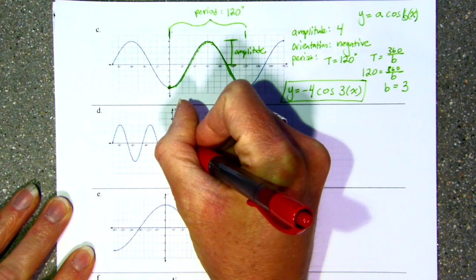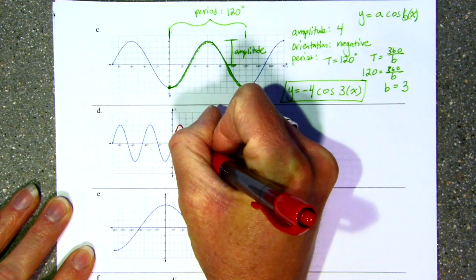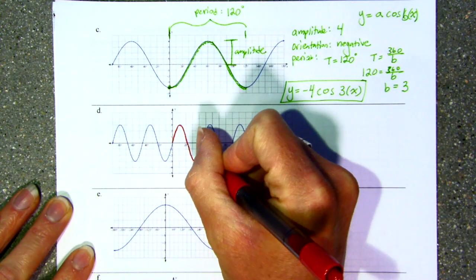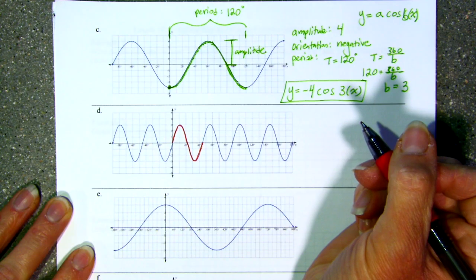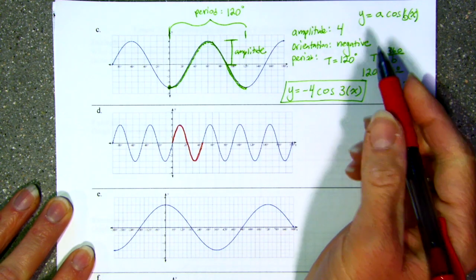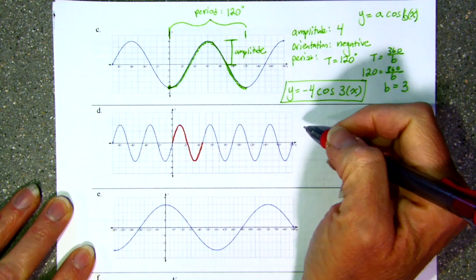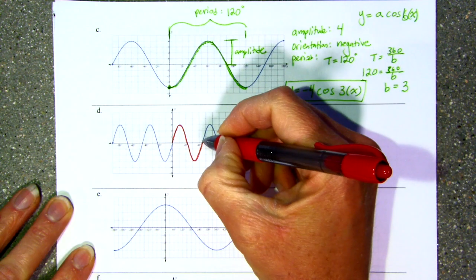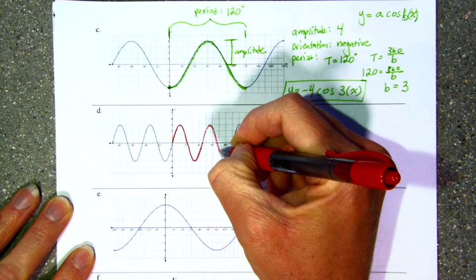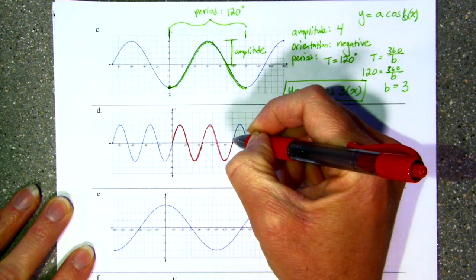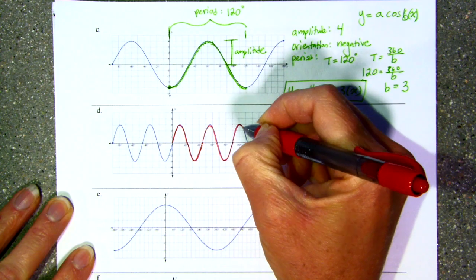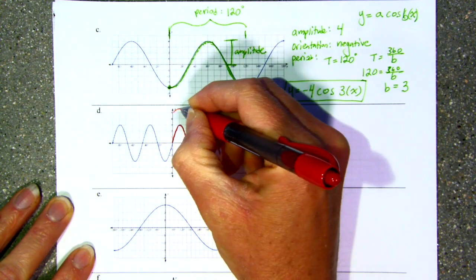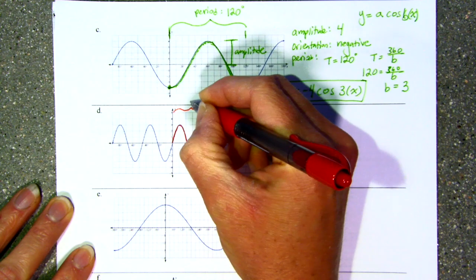For D, one cycle, it looks like, is 45 degrees. That's one cycle. Let's see, we don't even go to 360. We only go out here to 180. So that's 1, this would be 2 in 90, 3. So this is one cycle.